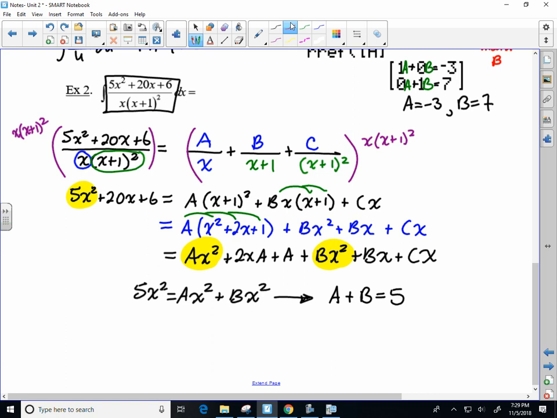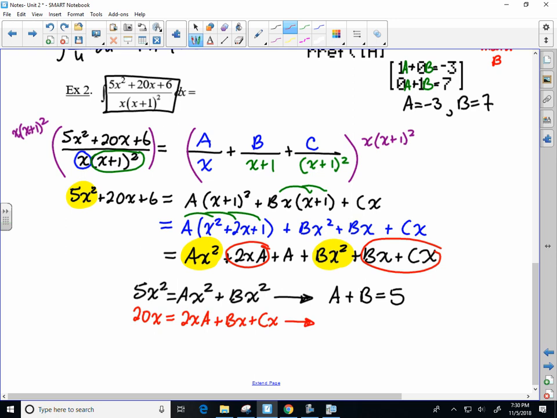Then the terms that involve x's, a few of those. So we're looking at 20x equals 2x a plus bx plus cx.